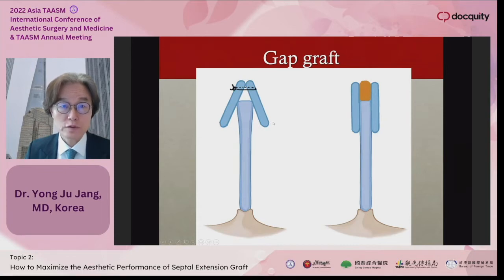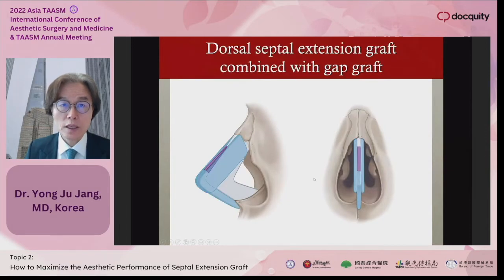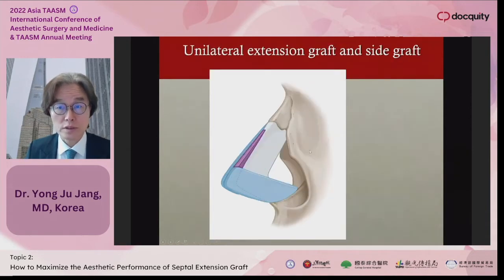So you better place some gap graft in between so that it stays more stable. So I call this a gap graft. And so this is a wonderful way of extending the height of the cartilage dorsum.